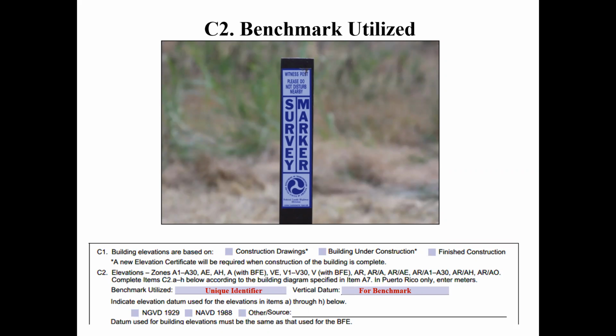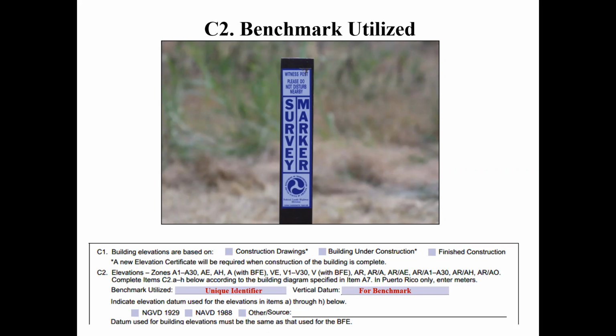And so the vertical datum, NGVD or NAVD, again, it kind of depends on how old your map is. If it's much older, then it's probably an NGVD. Most of our maps since 2005 have been made in NAVD.